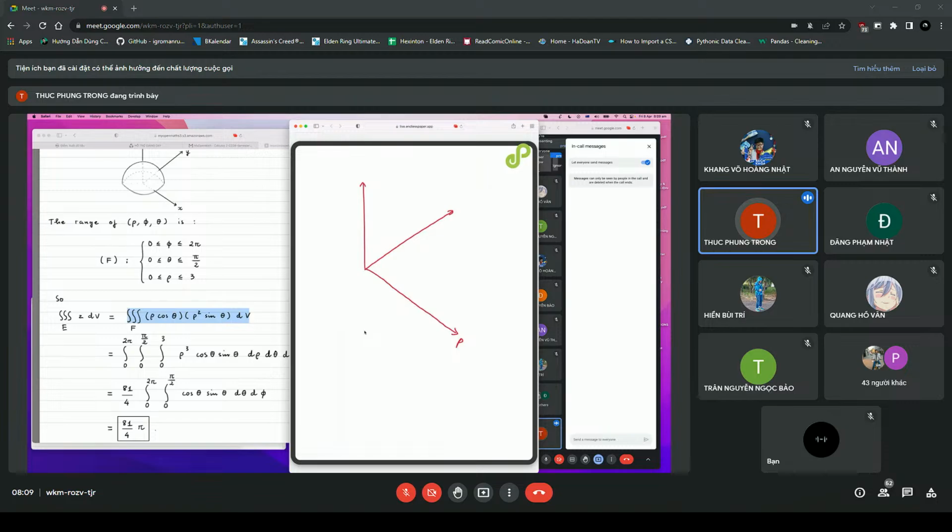No problem with that. If you write d rho, d theta, d phi, you need to pay attention to the corresponding domains we have for it. This is correct because I consider this order. And now doing some computation, we get the answer.